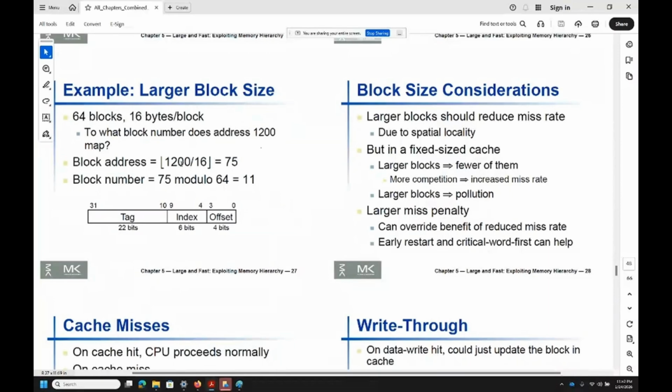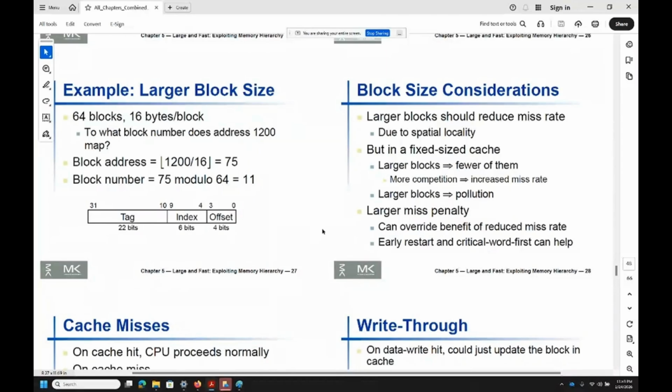So you figure out the block number by dividing 1200 by 16, which gives you 75, and then you figure out which block that will map to, because you have only 64 blocks, so it maps to 11. Then your tag will have the top 22 bits, index will have the middle 6 bits, and the offset will have the last 4 bits. So this is how you represent the number in the cache.